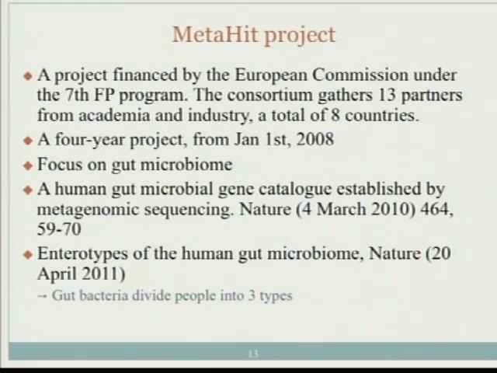They call them enterotypes. Although it's really debatable, it's just something interesting. What's the sample size? This one, they use several hundred, I think. Sanger reads. It's very interesting. They use Sanger reads for the second paper, the enterotype.